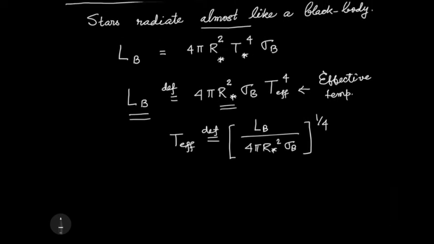What is practically done is that, since it is almost like a black body, to some approximation I can take the effective temperature as the black body temperature of the star.